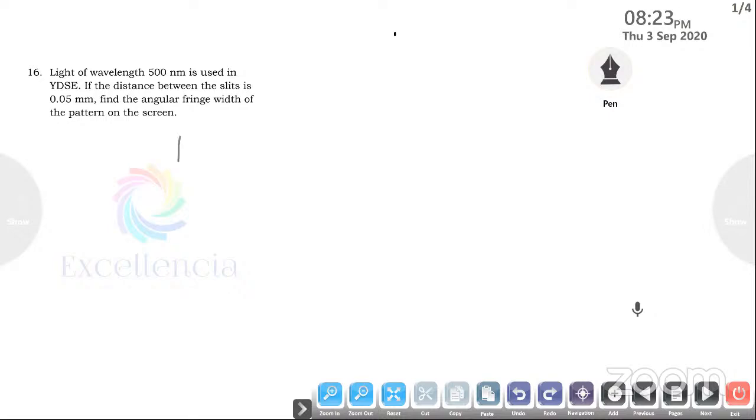If you see in Young's double slit experiment, we have slits S1 and S2. We have a screen at distance D, and the slit separation is small d.